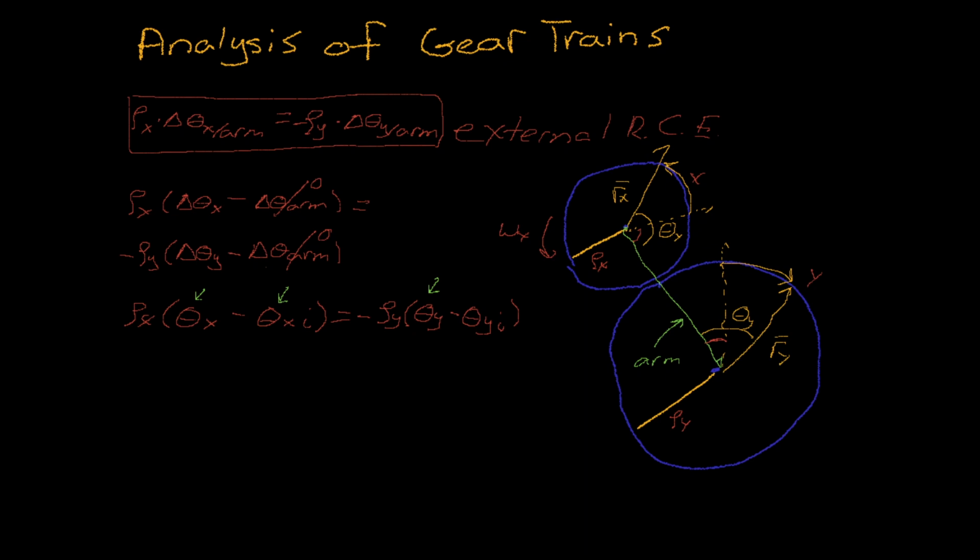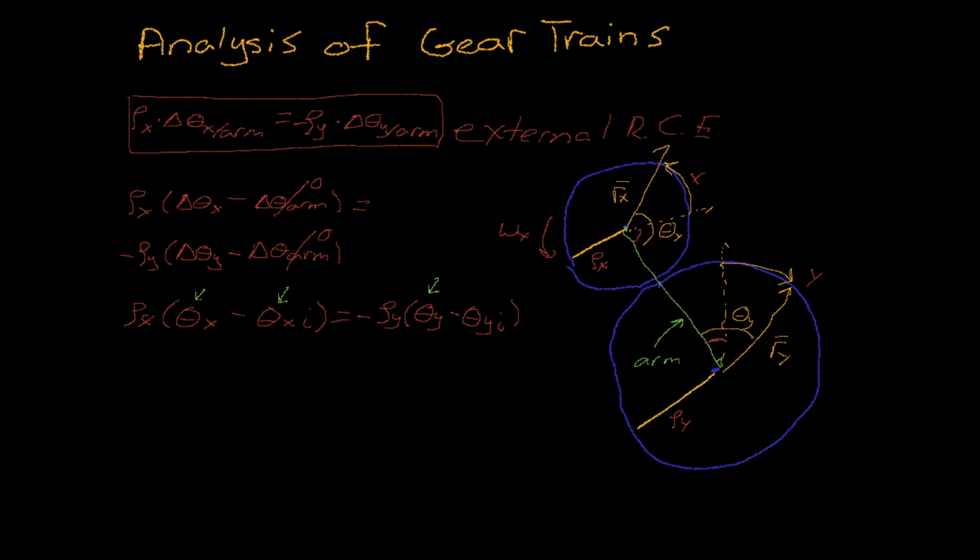Maybe if we had a robotics application with a robotic arm attached to the gear, then we might be interested in the position of that arm. But for transmissions and gearboxes, we're usually only interested in the velocity of gears and how they relate to each other.